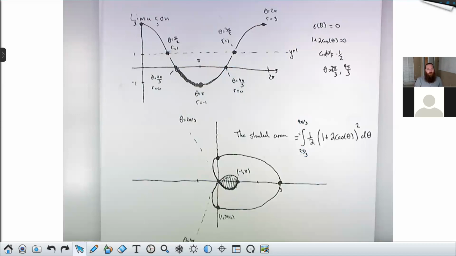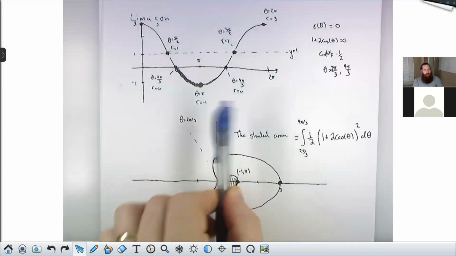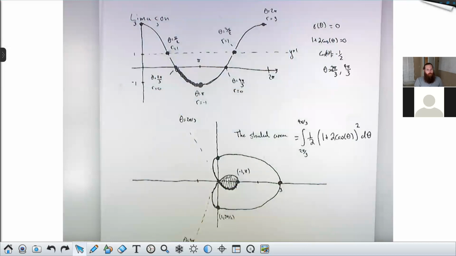And the trick is to draw the graph carefully by hand. If you use graphing software, it's just going to give you this picture and you won't know which parts came from which theta values. But if you go through this process where you draw the rectangular graph and then imagine rotating around and sketching the curve, then you'll be able to remember which pieces of this graph came from which theta values.